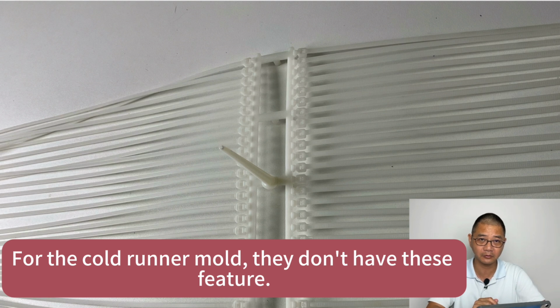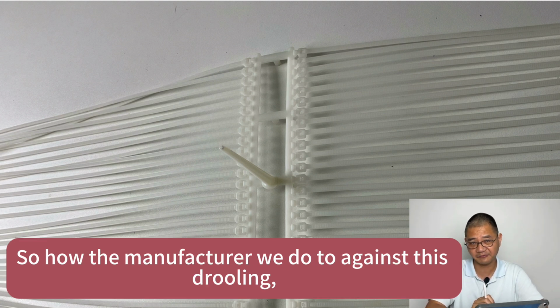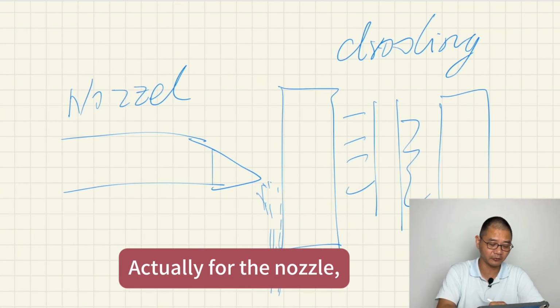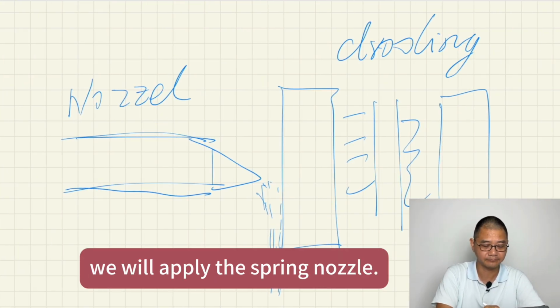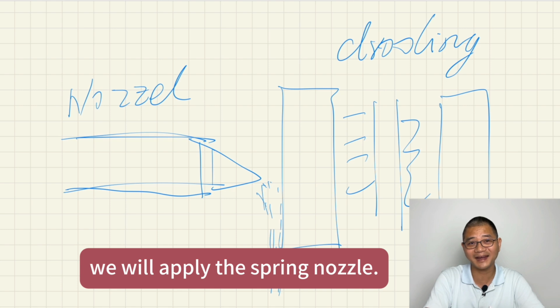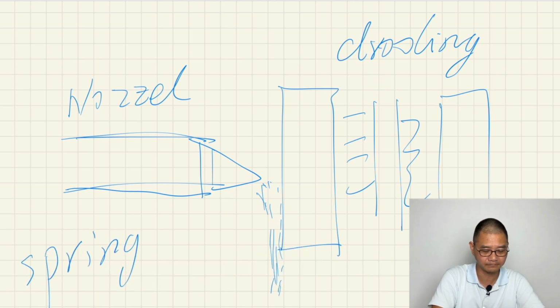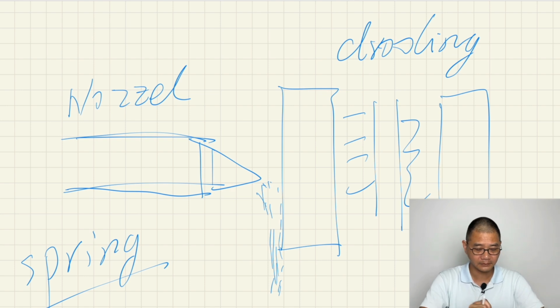For the cold runner mold, they don't have these features. So how does the manufacturer counter this drooling issue? Actually, from the nozzle, we will apply a spring nozzle.